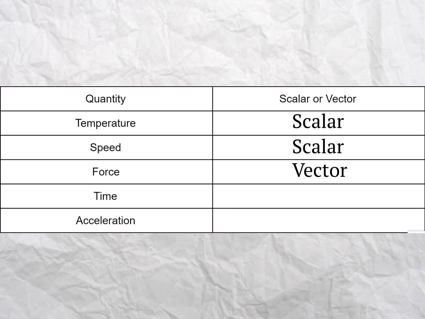Time's an interesting one. You could argue that time does have a direction, it goes forward. But we seem trapped in the forward flow of time, so it's a scalar to us. There's no time travel at GCSE, you have to wait for A-level. Finally, on question 2, we had acceleration. That is always a vector.